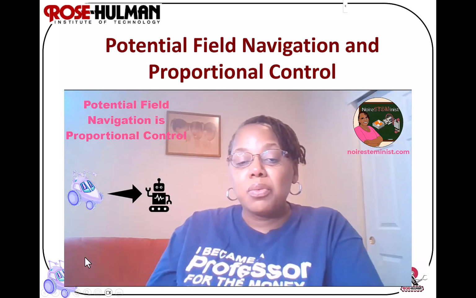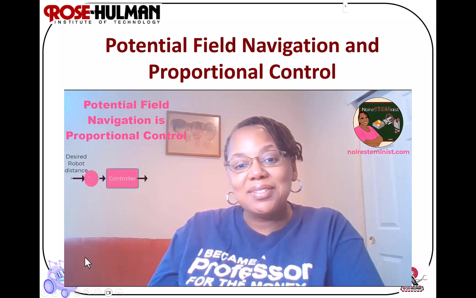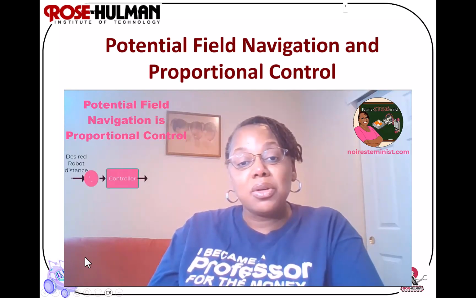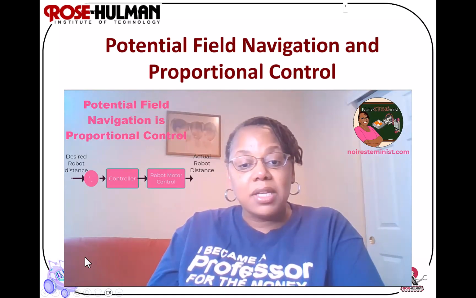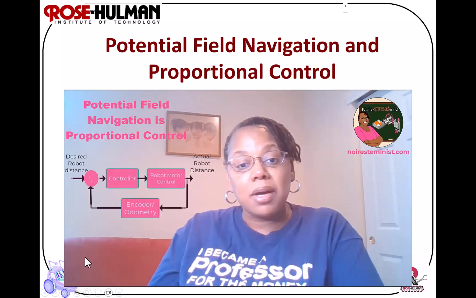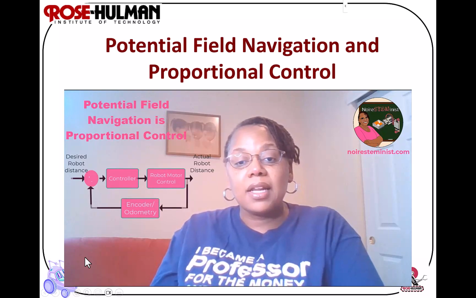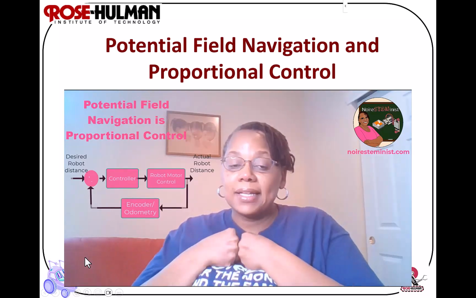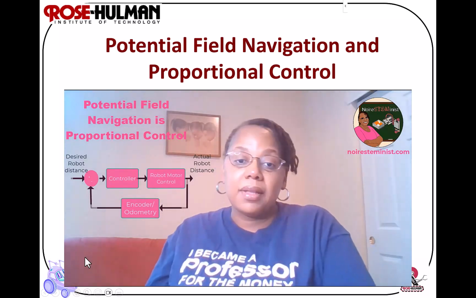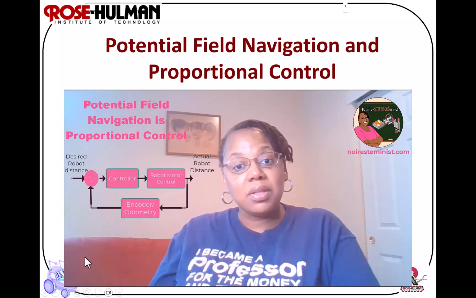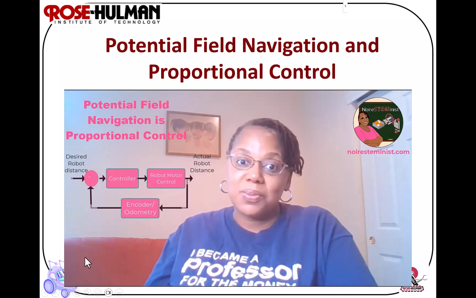So if the robot moves proportional to either the goal or the obstacle, that is the same as proportional control, where you have a set point and based upon the error, it adjusts how the robot moves. So think about it like it's either pulling the robot in to the goal or it's pushing the robot away or repelling it. I'll show you a sample graphic of what that looks like, as well as some code.